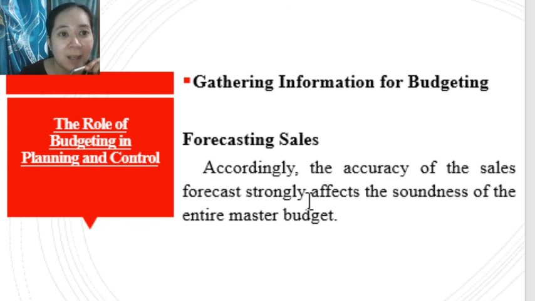This is the starting point. Meaning to say, if we use irrelevant information in our sales forecast, then all the rest of our budgets will also have irrelevant information, which will affect the decision making of the organization.